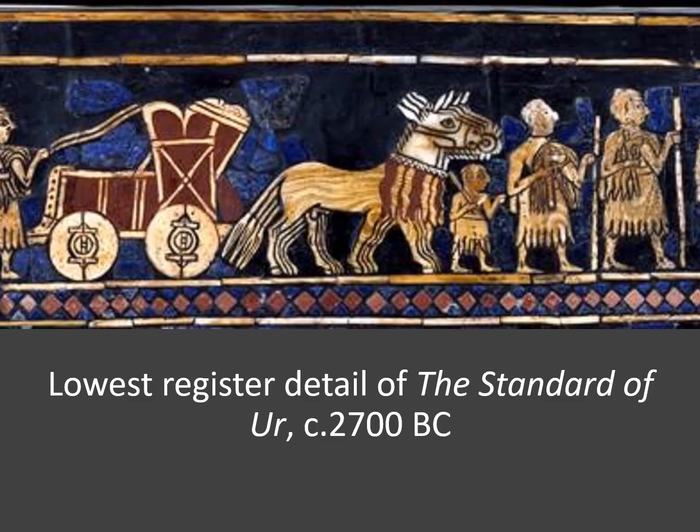This is the detail of the lowest register in the standard of Ur, and I wanted to show you a close-up of the pictorial device that they use to show motion in the horse. I know it's a little pixelated, a little fuzzy because of blowing up the small close-up section, but I just wanted to show you this pictorial device that they use to show motion.